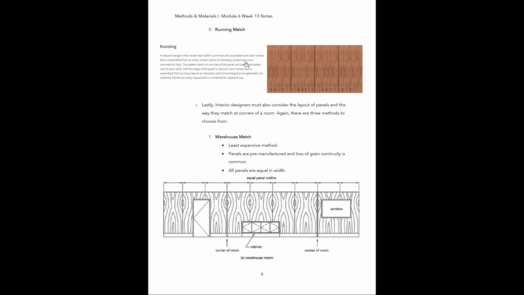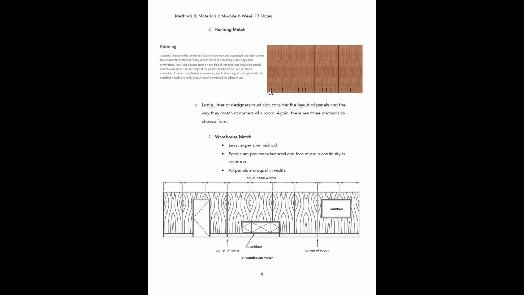And then the last one would be a running match. So this is kind of where you just have a bunch of random widths of the grain pattern all butted up against each other. And you can see with these lines here that are indicated, those are showing the start of new panels of grain.